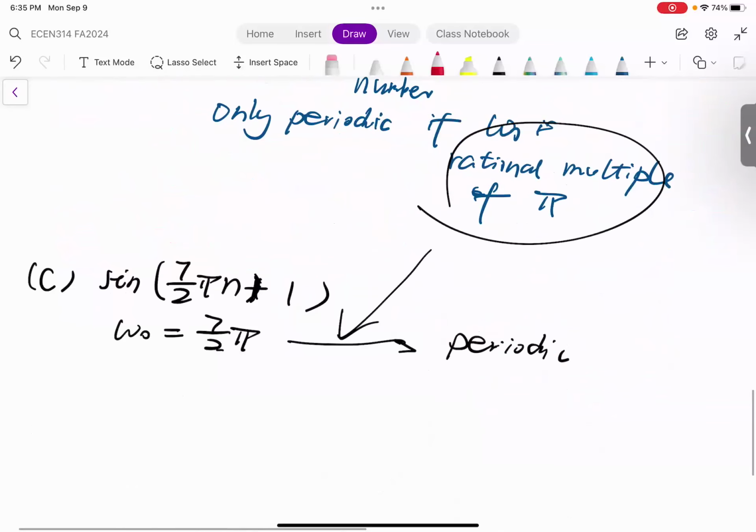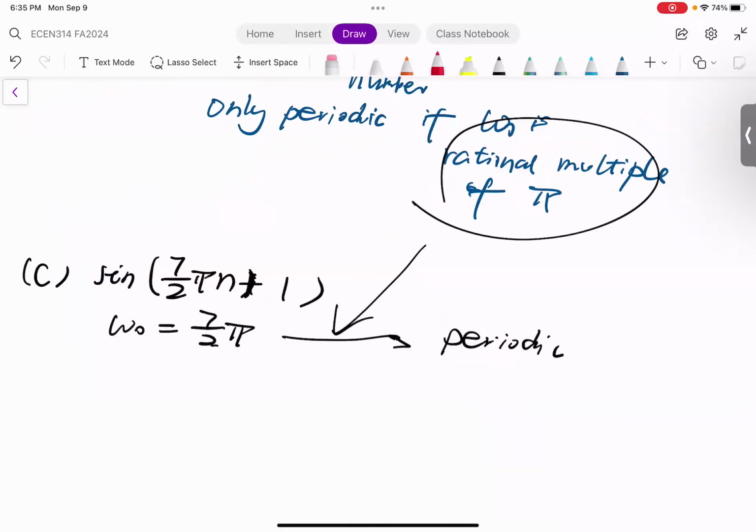So in our case, T equal to 2 pi divided by k times 7, and then that equals 7, 4 times k, where k are integers.